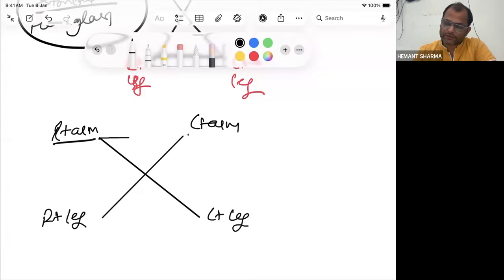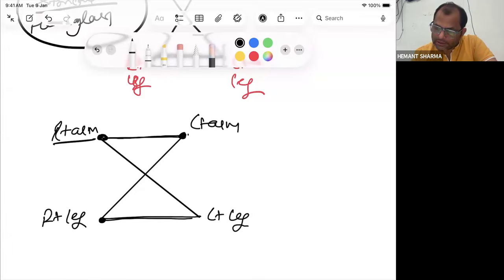Now the right arm also has one wiring with the left arm, and the right leg also has one wiring with the left leg. Very important, because there are four different structures. So this is called the cross structure or hourglass structure.